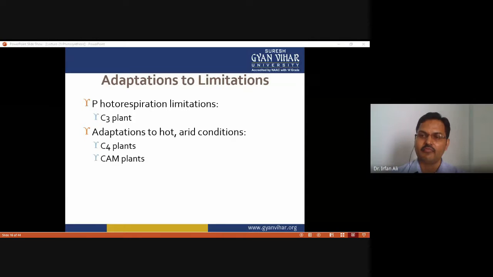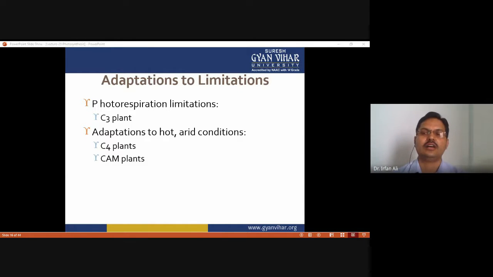To save the plant from the carbon loss by photorespiration, most plants have adaptations. These are called photosynthetic adaptations in the plant. First of all, the plants which carry out the Calvin cycle only, in which the three-carbon molecule 3-phosphoglycerate is produced, are called C3 plants. So you have to be clear on that point.